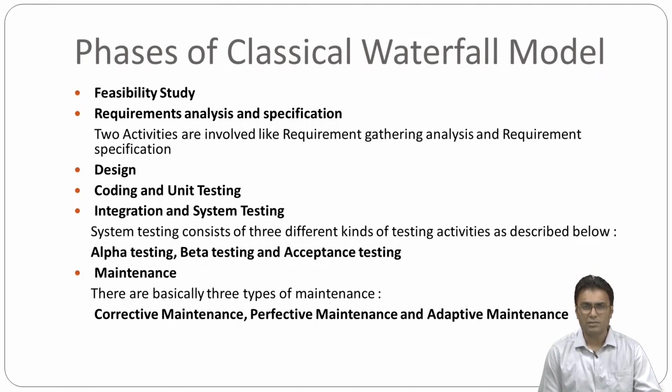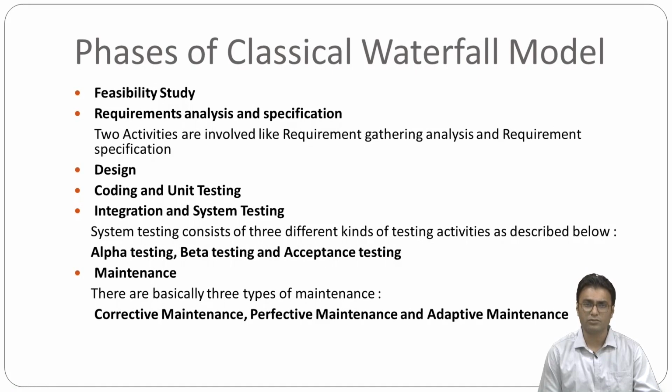Now, system testing consists of three different kinds of testing activities as described on your screen. The first one is alpha testing. Alpha testing is the system testing performed by the development team. Then we have beta testing. Beta testing is the system testing performed by a friendly set of customers.